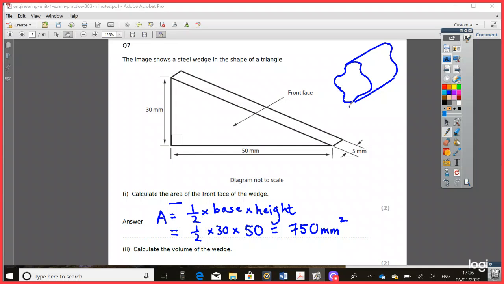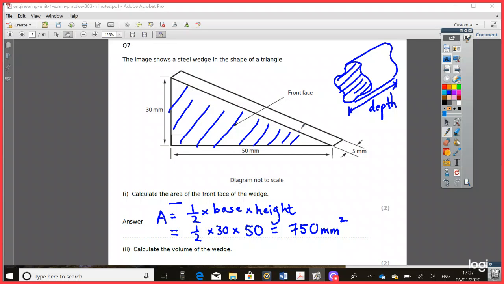So how much depth you are stacking is what you can multiply that front cross-sectional surface area by. Since we worked out the cross-sectional area of this front face, it's many of these triangles stacked together, to a depth of 5 millimeters.